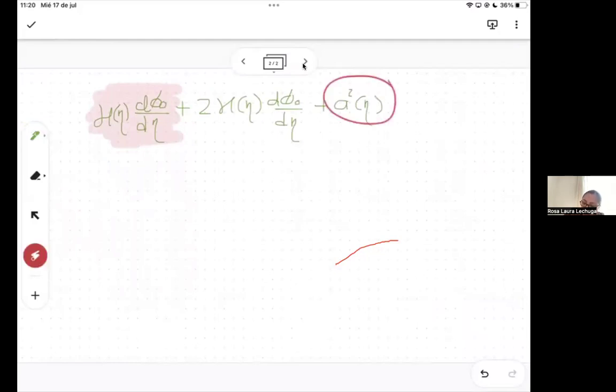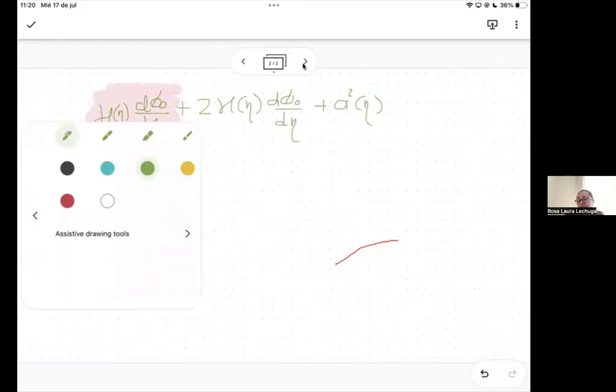Remember that these terms talk about the expansion, how big is each slice, and this term encodes the expansion. So this is the term responsible for the friction part, analogous to the particle behavior, for the expansion.